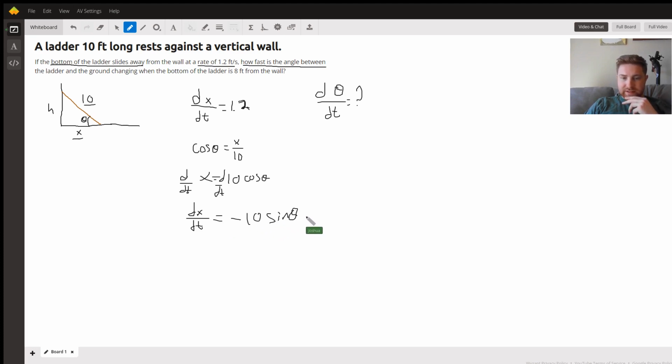But since it's dealing with theta and not t, we have to multiply it by d theta/dt, using implicit differentiation. Okay, so notice right there, we have dx/dt. We know that. That's 1.2.